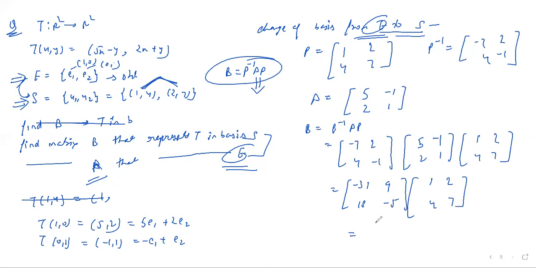While multiplying by this, we get minus 31 minus 36, which is 5, and this will be 1, and this will be 18 minus 20, and 35 minus 35, and this will be 1. So this is my corresponding B matrix. We have found the matrix B that represents T in basis S.